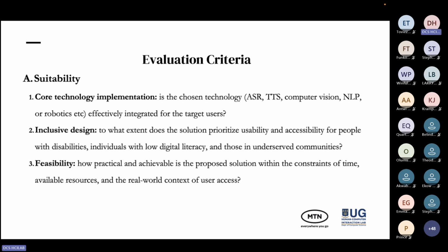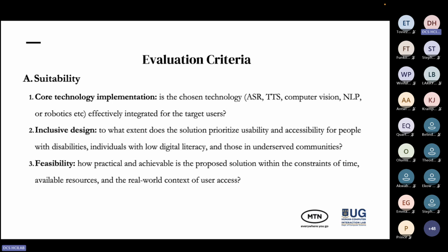For whatever technology you choose to adopt, have you been able to effectively integrate that for the target users? We're also looking into inclusion design. And we'll be checking to what extent your solution prioritizes usability and accessibility for people with disabilities, individuals with low digital literacy, and those in underserved communities.